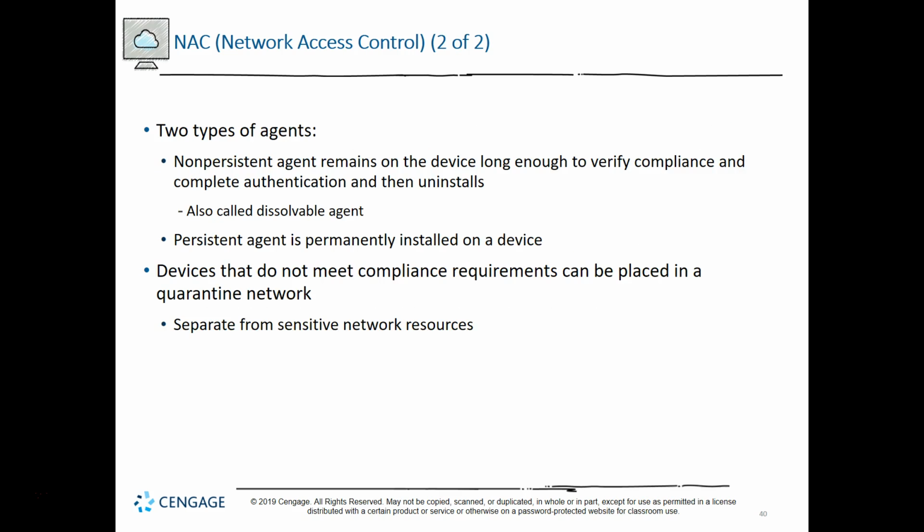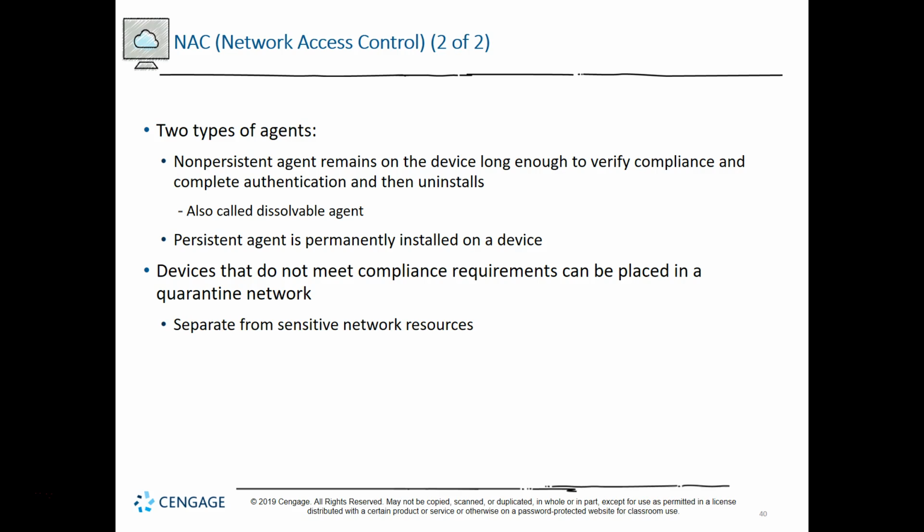We do that by putting in either a persistent or non-persistent agent. So if it's a device that I control as a network administrator, it's a persistent agent. So in other words, it's permanently installed. So that computer will allow me to communicate with my network via that client, and then I can make rules based on things. Because I don't want a computer to join my network if it's infected with malware.